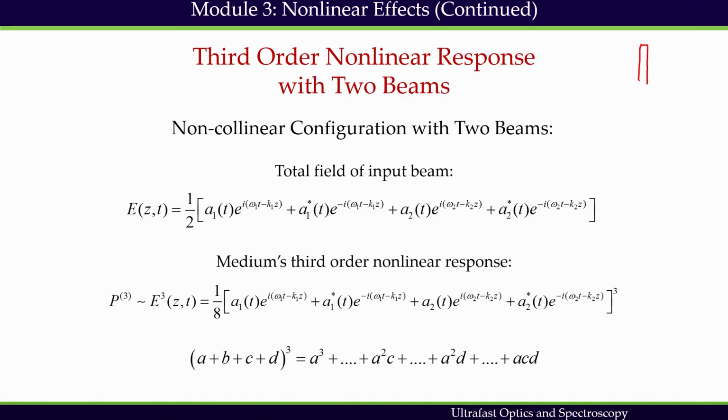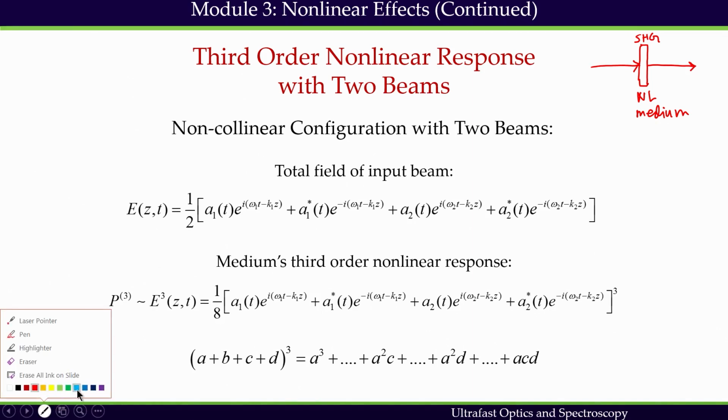We have a medium, the nonlinear medium. In this medium, we can have a beam propagating along this direction. If it is an SHG medium, second harmonic generation medium, then I will have the parent beam going, but let's say 10% of this parent beam will be converted to the second harmonic beam, and they are propagating collinearly with the input beam.